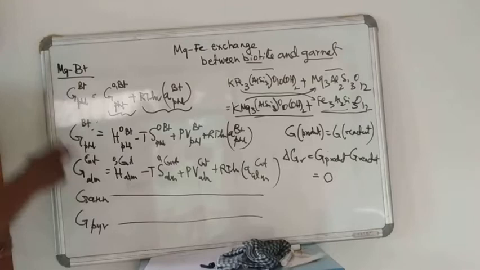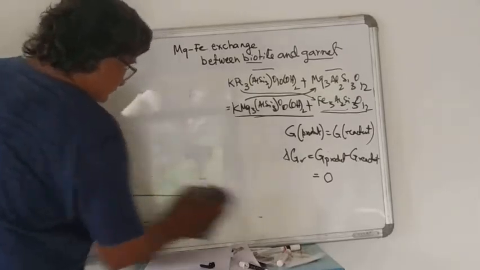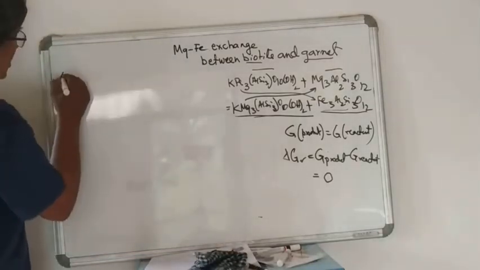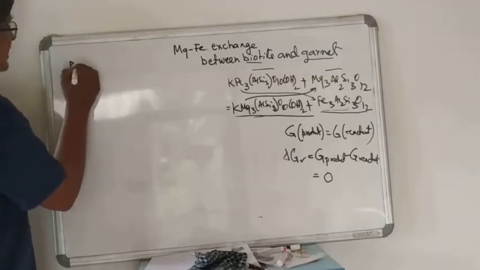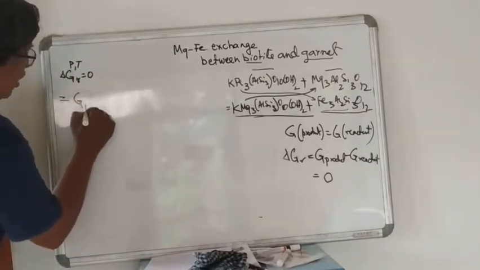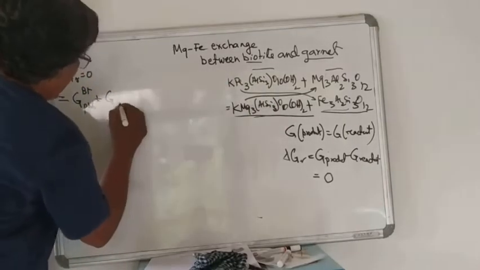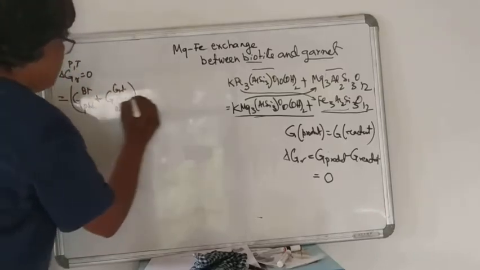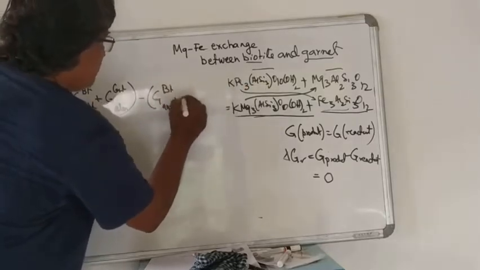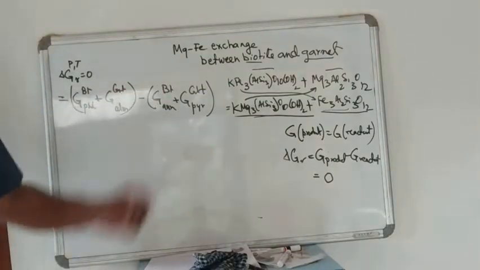So here you can see, I will erase this. Delta G of the reaction is equal to 0 at an equilibrium PT, which means G of phlogopite in biotite plus G of almandine in garnet, minus G of annite in biotite plus G of pyrope in garnet, is equal to 0.